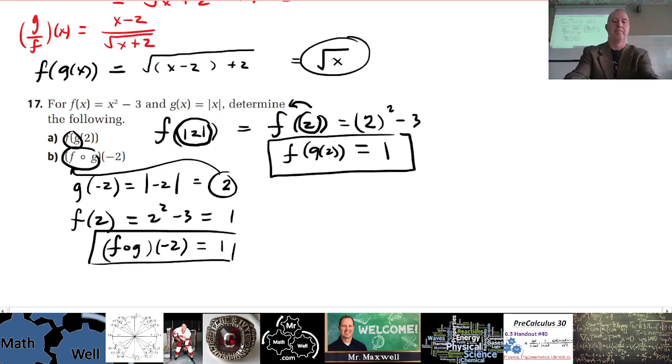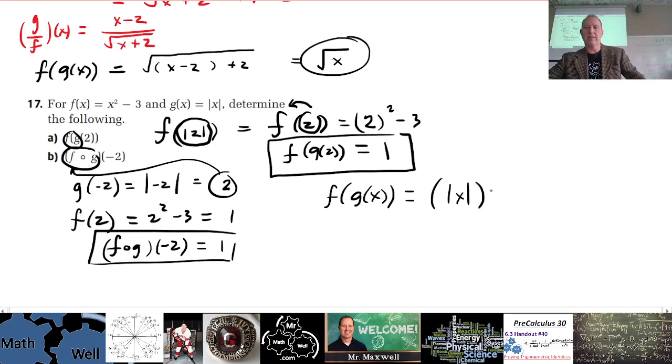Yep. So your question is, can you, instead of doing the 2 right away, just do f of g of x and then find out what that is first? So which would be like absolute value of x squared minus 3, and then do whatever your value is. You can, totally.